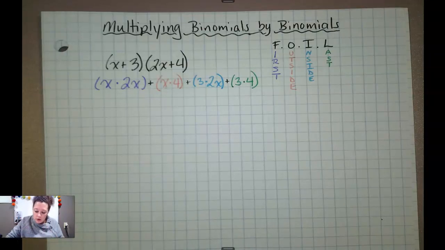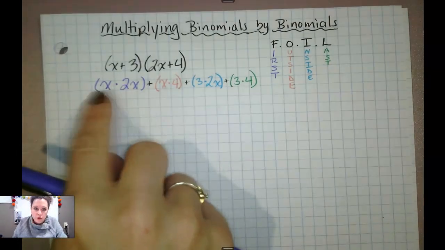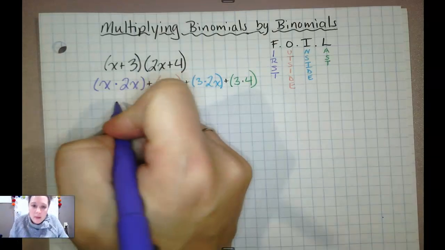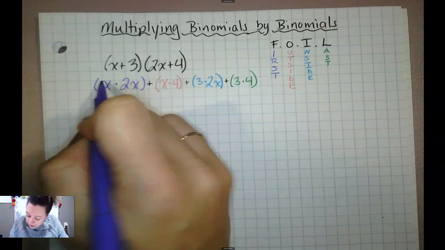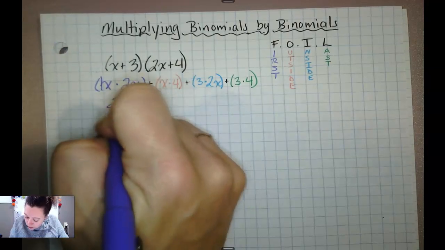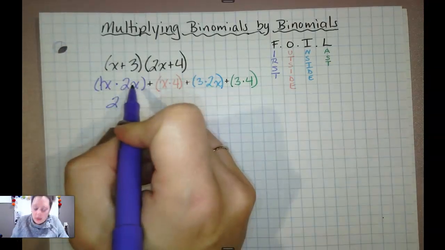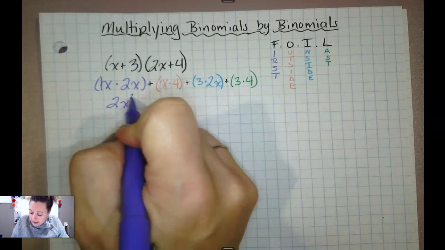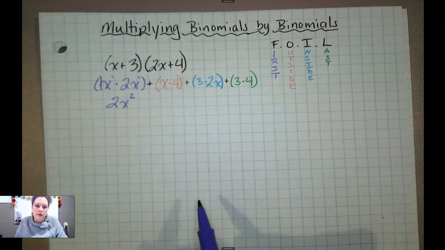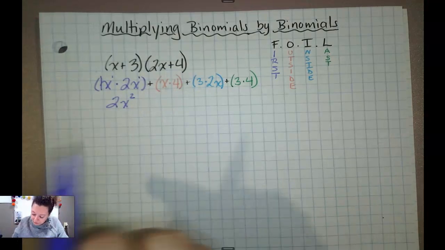First, I'm going to multiply these first two terms, x times 2x. I remember my multiplying rules: I multiply the coefficients. Remember there's an invisible 1 here, so 1 times 2 is 2. And then x times x is x to the second power, because of those 1 exponents that are there but not really there.